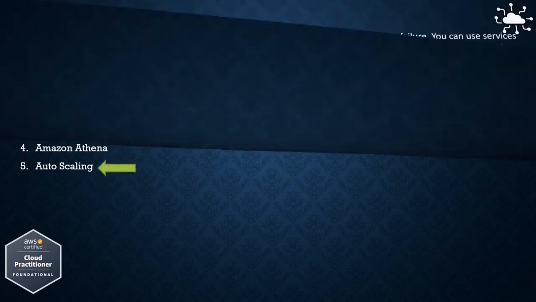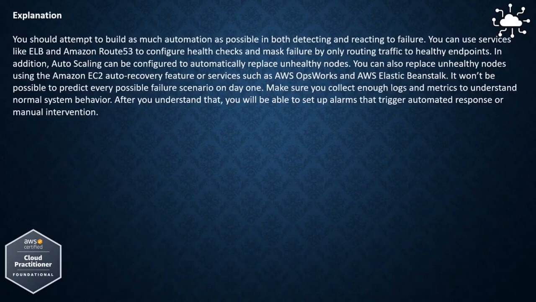Explanation. You should attempt to build as much automation as possible in both detecting and reacting to failure. You can use services like ELB and Amazon Route 53 to configure health checks and mask failure by only routing traffic to healthy endpoints. In addition, autoscaling can be configured to automatically replace unhealthy nodes.